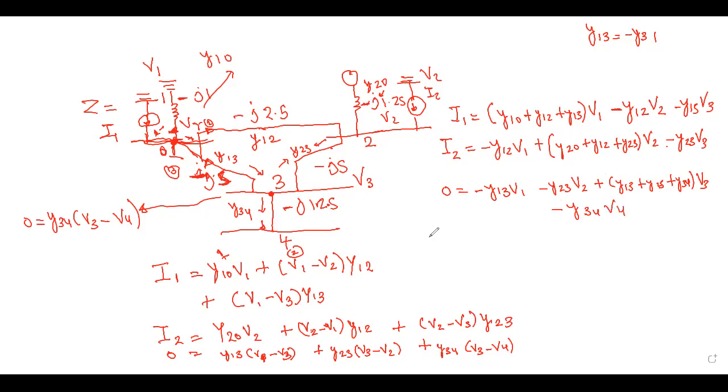And similarly here also I can write 0 is equal to minus Y34 V3 plus Y34 V4.